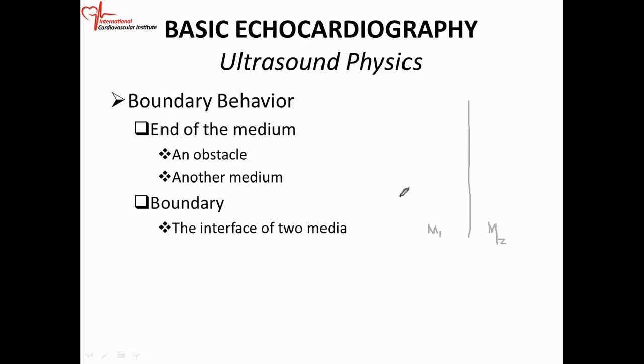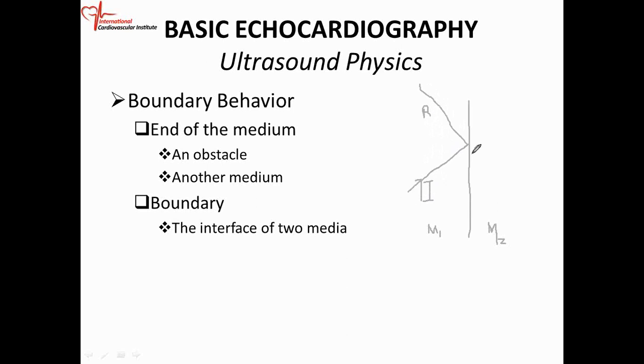So if you have your incident wave, okay, the incident wave is going to strike the boundary. Then you're going to have your reflected wave. So this is our incident wave right here. And this is going to be your reflected wave.